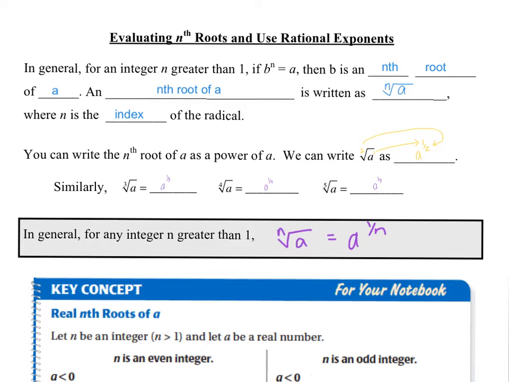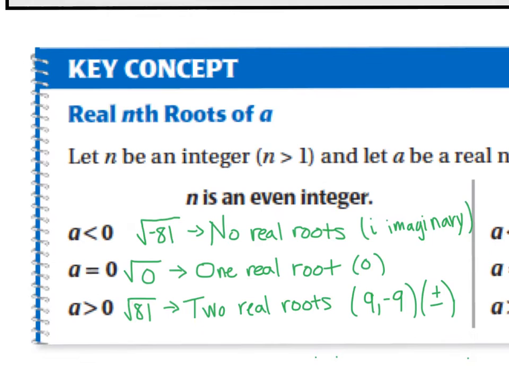So let's go down here and look at your key concept notes, and it talks about actually finding the roots of these values. The first side is talking about when n is an even integer.